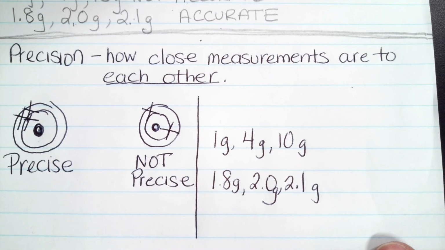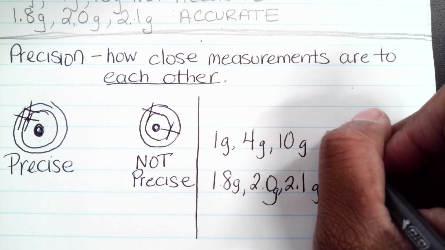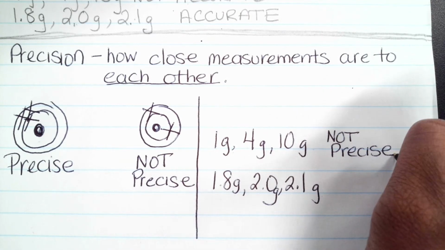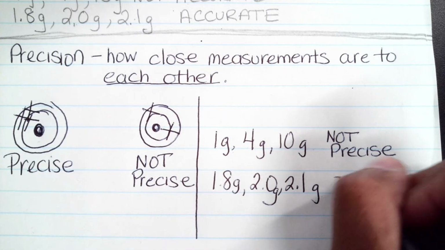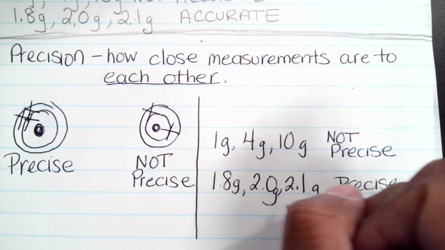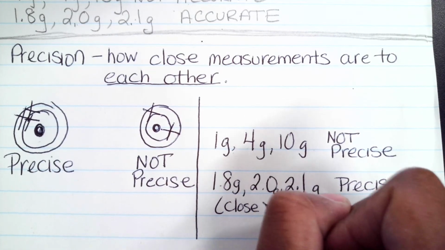The top one, would it be precise or not precise if you get these three measurements? Yeah, they're far apart from each other. And the bottom one would be precise because they're close values.